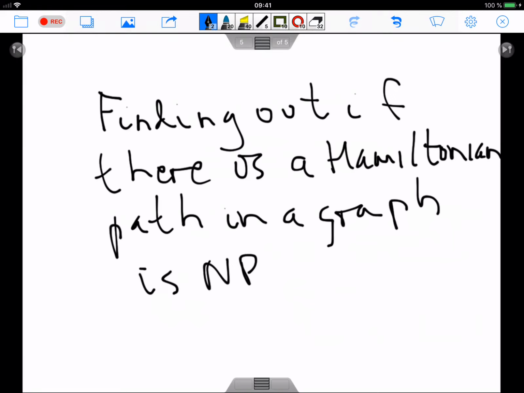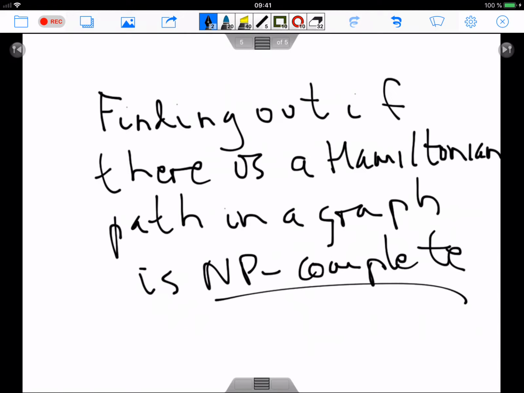So it turns out that this problem is very difficult. This problem of knowing whether a graph has a Hamiltonian path or not is very, very difficult. We don't know how to solve it quickly.